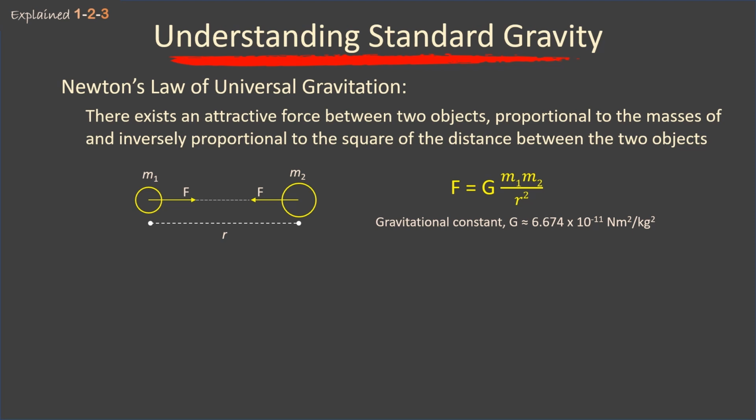Now, what do we know about Earth? It has a radius of over 6,000 kilometers, and a mass close to 6 times 10 to the 24th power kilograms. We use m2 for Earth, and m1 would be the mass of an object on the Earth's surface, like you, me, falling leaves, or any object.